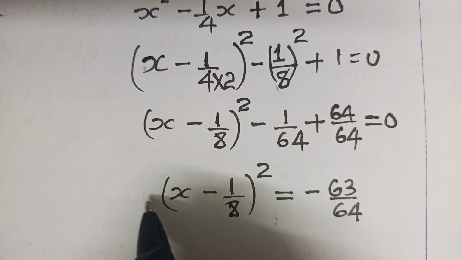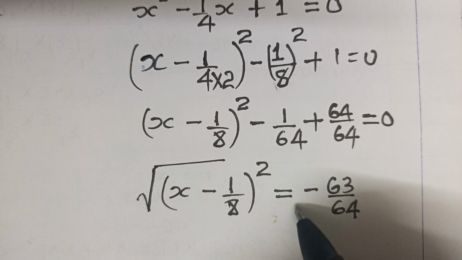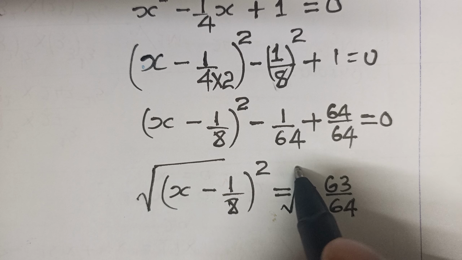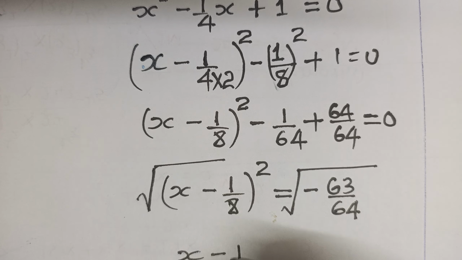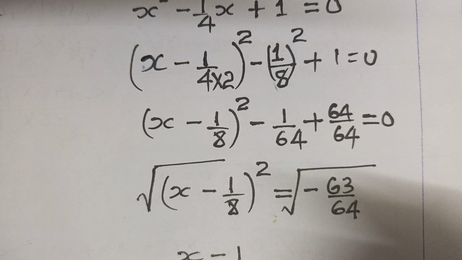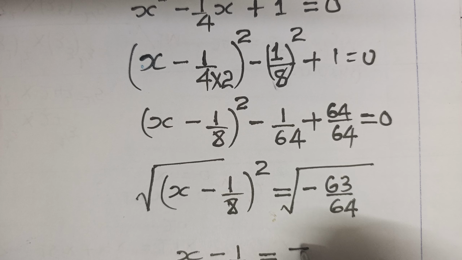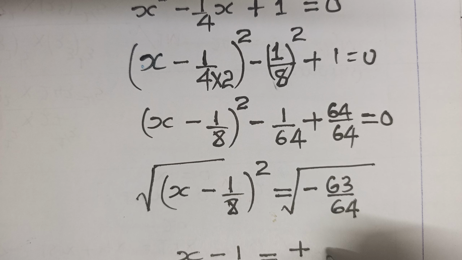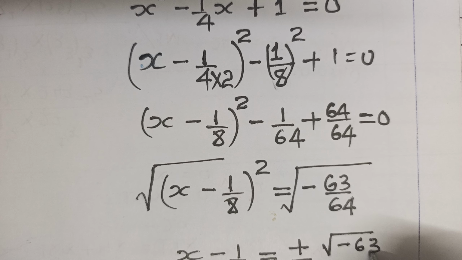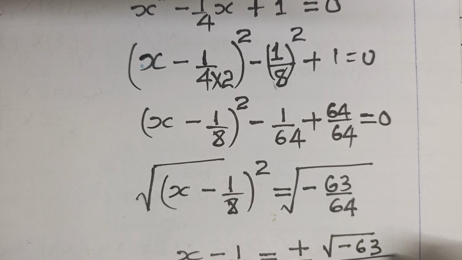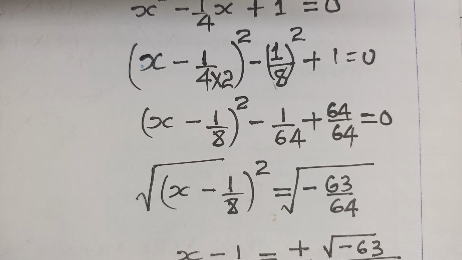Guys, now taking square root on both sides. Take square root on that side, you take also square root on this side. Guys, you shall have x minus 1 over 8 equals to plus or minus square root of negative 63 all over square root of 64, which is now 8.